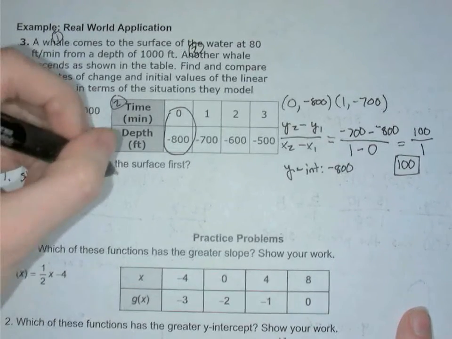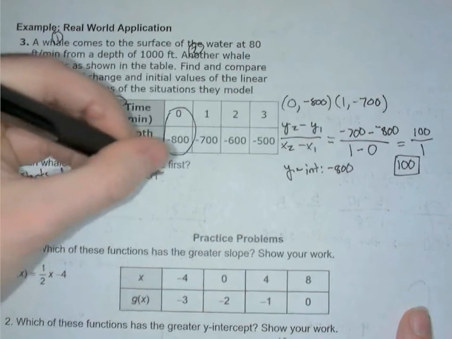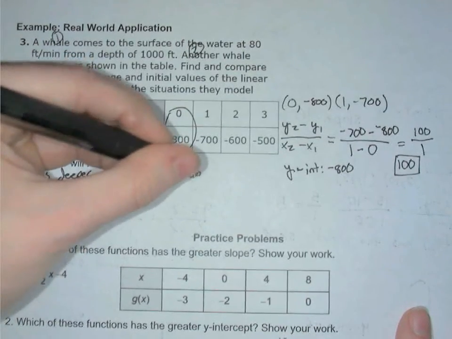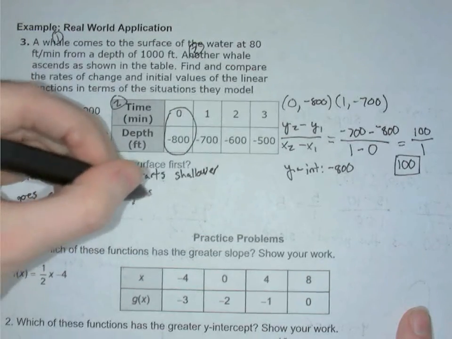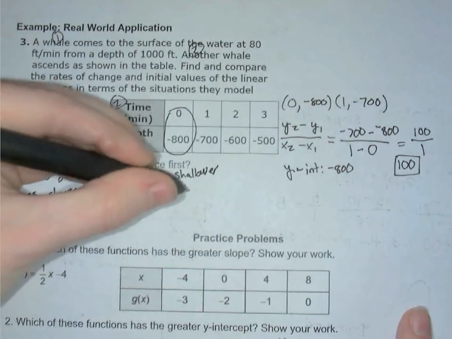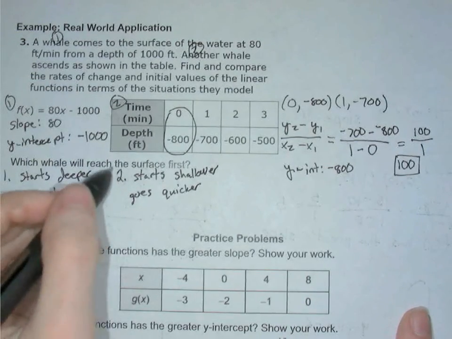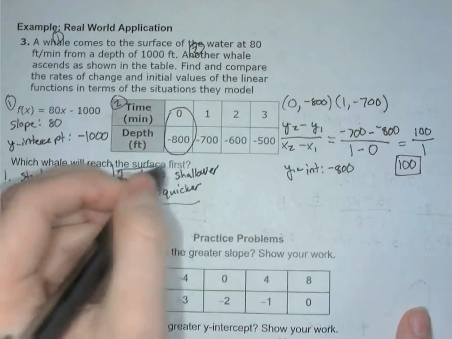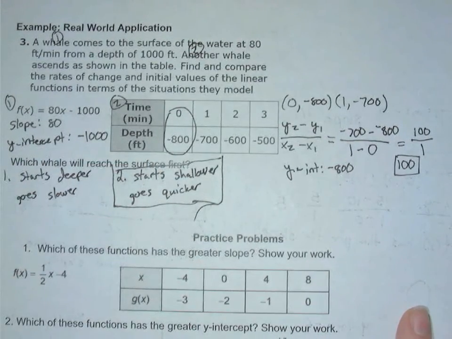Whale number 2 starts shallower, and he goes quicker. So it makes sense that whale number 2 is going to reach the surface first, since he starts shallower and he's actually going more quickly there. We don't need to do any math there at all.